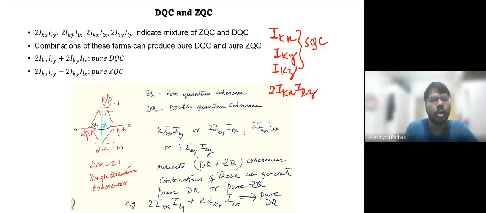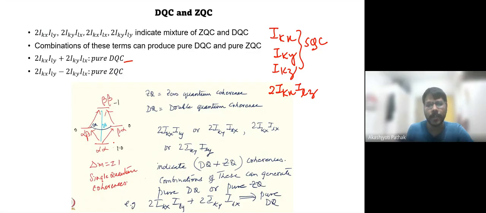And when you have combinations of these terms like 2IKX ILY plus 2IKY ILX, the combination can give you pure double quantum coherence or pure zero quantum coherence. If you get 2IKX ILY plus 2IKY ILX, this will give you pure double quantum coherence. And if you have 2IKX ILY minus 2IKY ILX, this will give you pure zero quantum coherence.